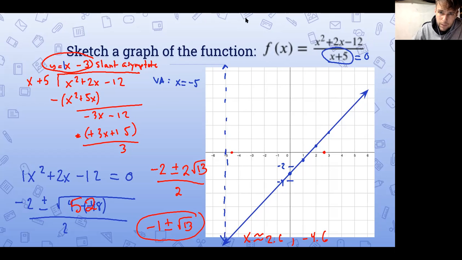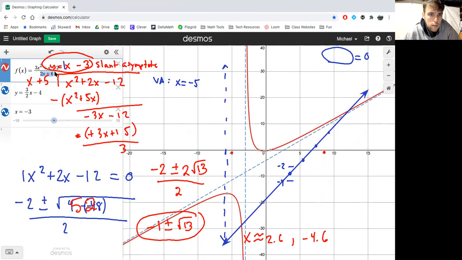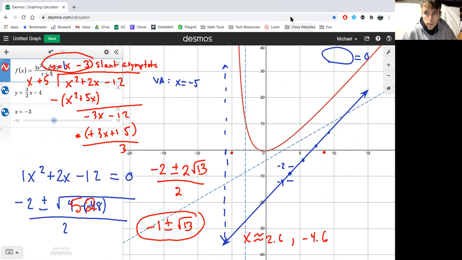All right. Let's take a look at this one on Desmos because I'm worried I made a mistake. Denominator is x plus 5. Let me clear this real quick.